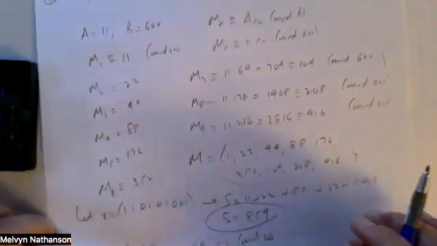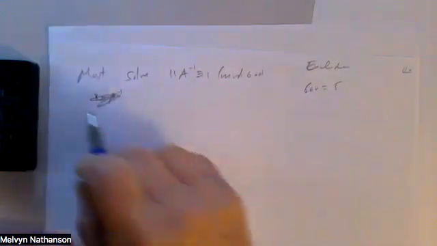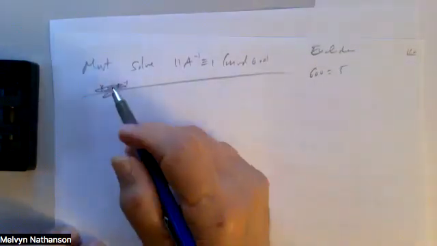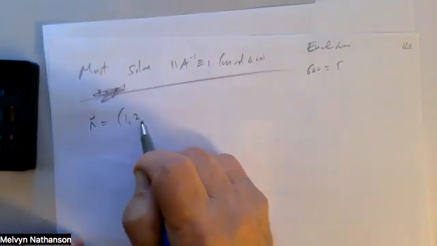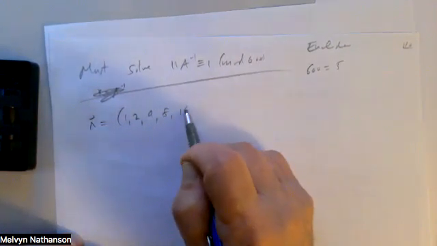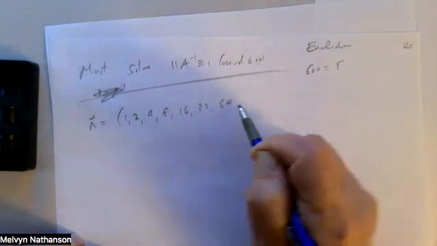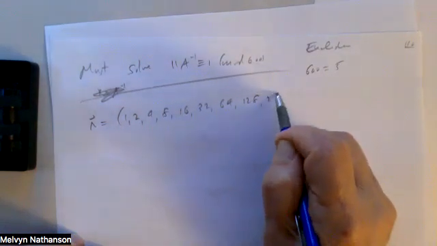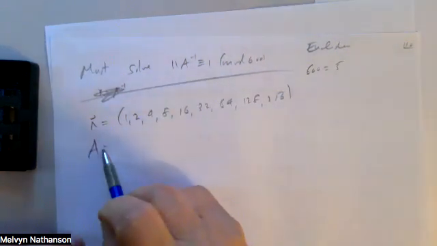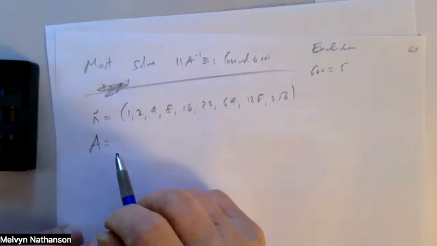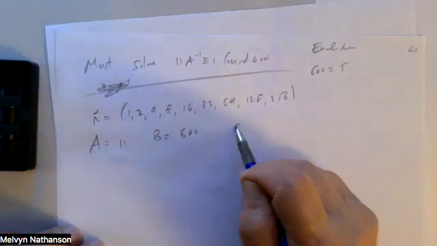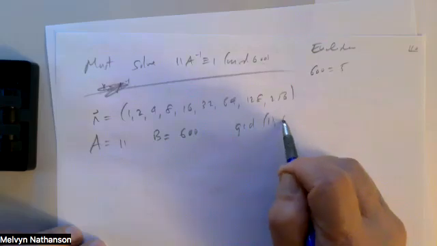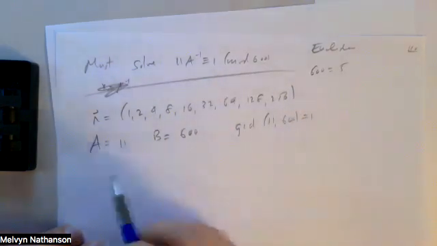Oh, okay, that's a good question. Let me just review what we had. We started with a super increasing sequence, the powers of 2 from 1 up to 256. Alice chooses A equal to 11 and B equal to 600, and the greatest common divisor of 11 and 600 is 1.